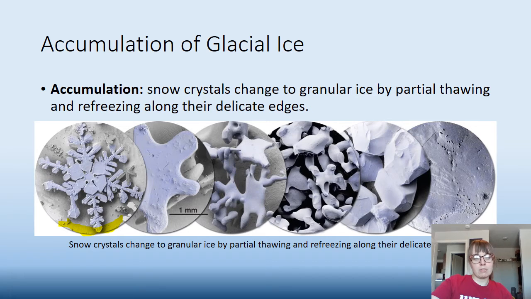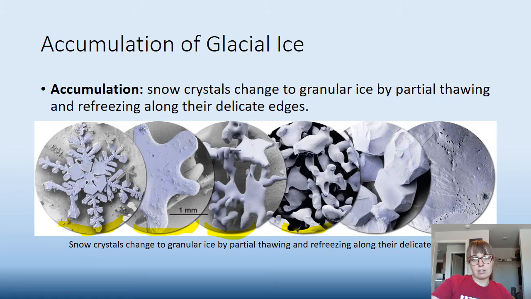And what happens is snow is going to partially thaw and then refreeze, and it's going to lose some of that really pretty intricate crystallization. This freezing and thawing process continues until we lose a lot of that delicate edge material, and what we end up with instead is these granular, globby pieces of ice.